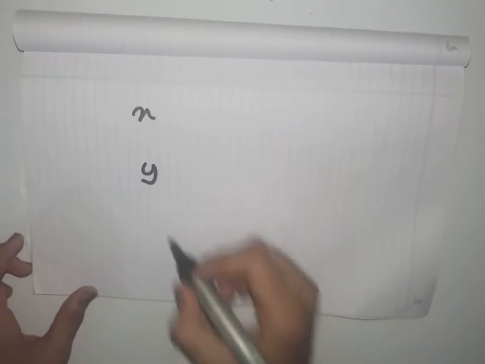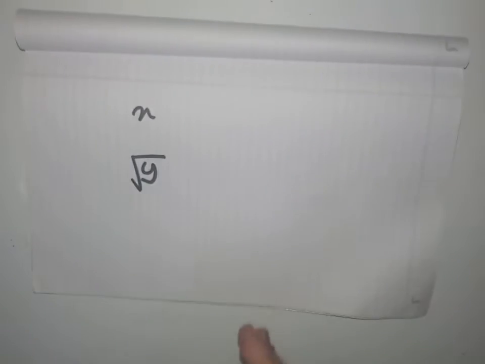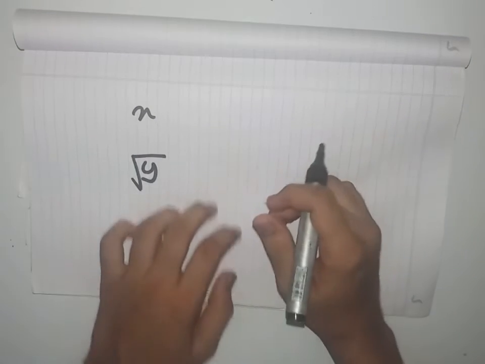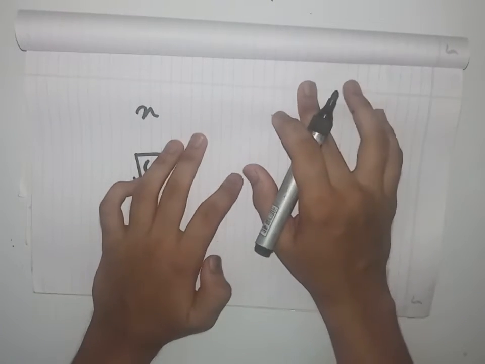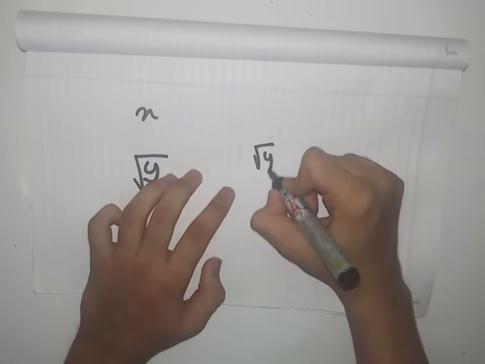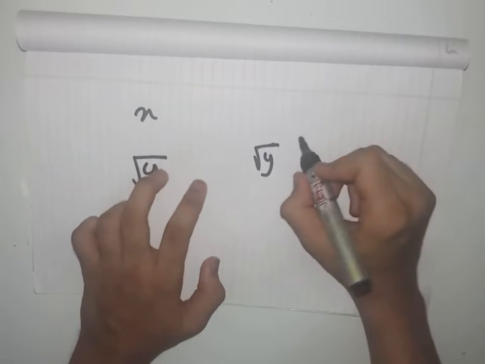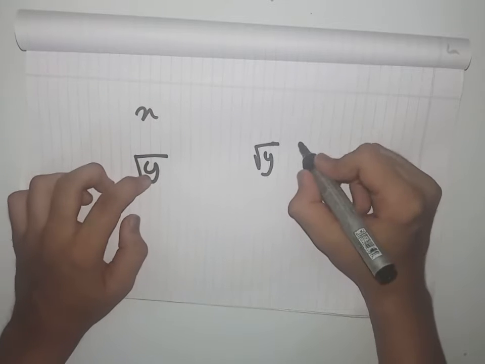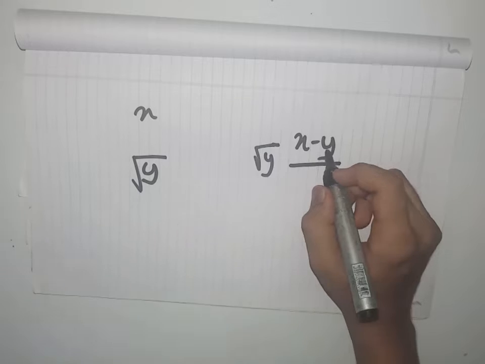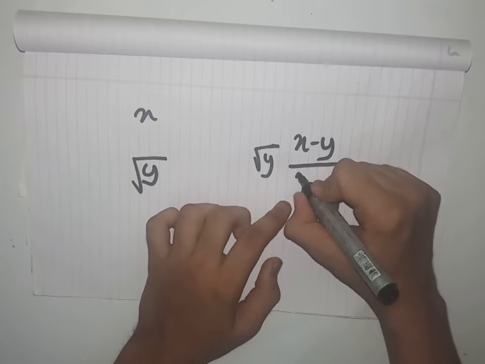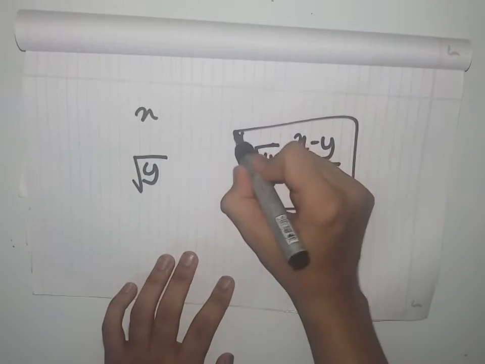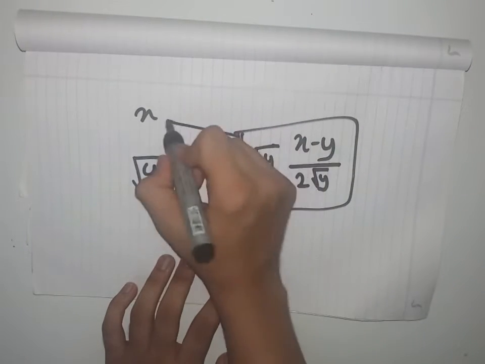Y is a perfect square number closest to x, and now we need to find the root of y, which will be a whole number, and then we need to form a mixed fraction whose whole number part would be the root of y, whose numerator would be x minus y, the difference between x and y, and the denominator of that fraction would be 2 times root y, and this will give us the square root of x.